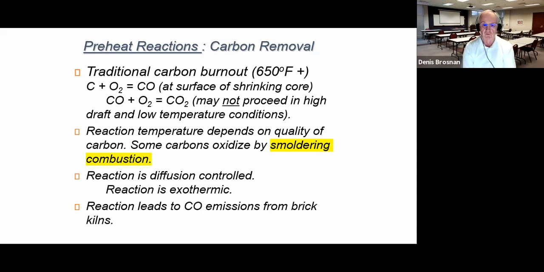It's like charcoal used in a grill or barbecue, where there's no flame present while the cooking is taking place, but certainly combustion is taking place, oxidation of carbon, and that takes place in ceramic products as they're being fired if they contain these higher density carbons. Reactions are exothermic. They can be diffusion controlled because oxygen must make its way into the body, the ware, in order for the oxidation to take place. The process is exothermic, and it can lead to CO emissions.